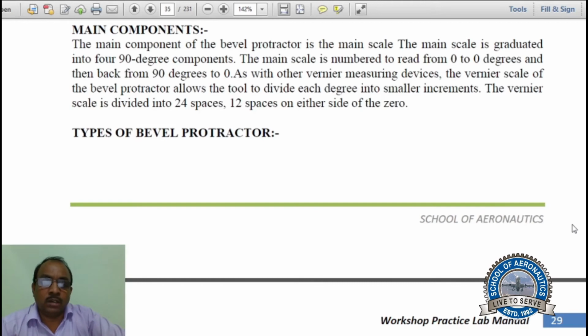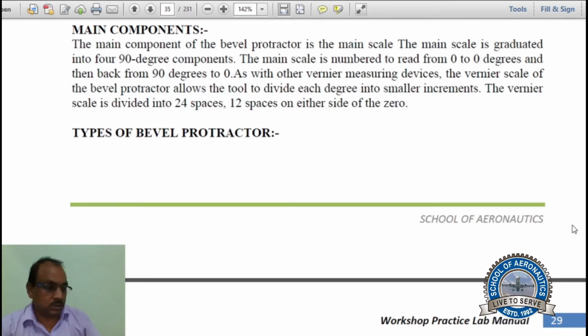As with other vernier measuring devices, the vernier scale of the bevel protractor allows the tool to divide each degree into smaller increments. The vernier scale is divided into 24 spaces, 12 spaces on either side of the zero.